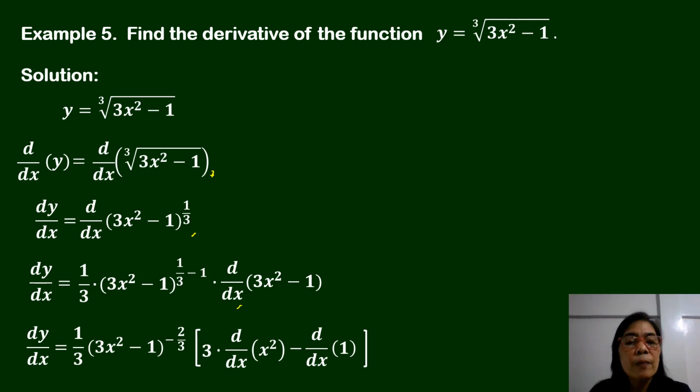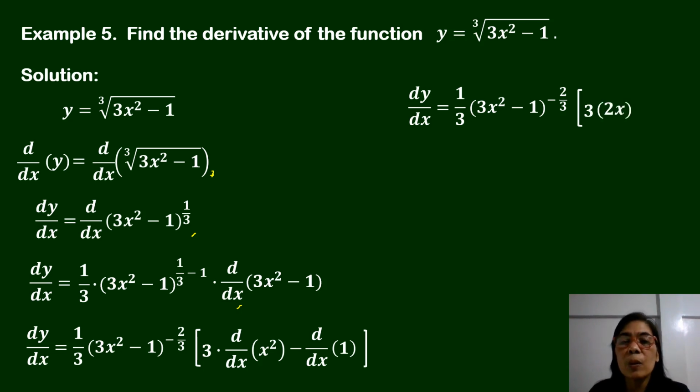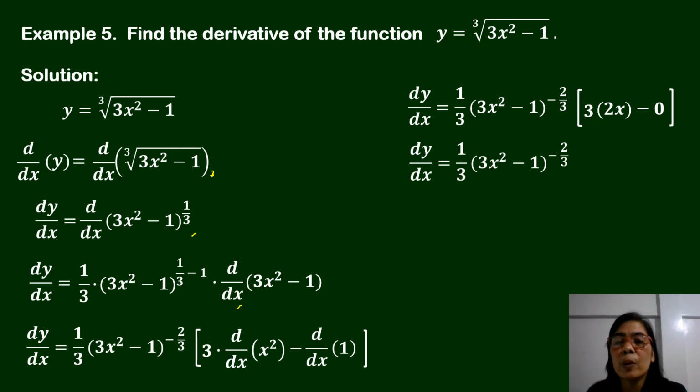Simplifying again, the derivative of y with respect to x is equal to 1/3 times 3x squared minus 1 raised to negative 2/3, and we have 3 times the derivative of x squared, which is 2x, minus the derivative of 1, which is 0. So we are done differentiating, we just simplify further.